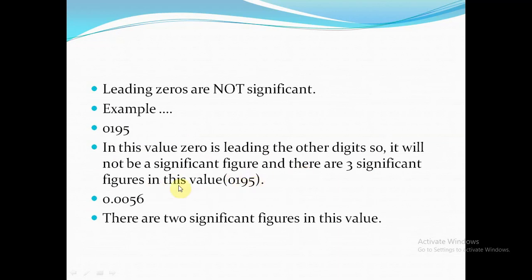There is another example of this. We have a value 0.0056. There are 2 significant figures in this value, so the 3 zeros at the front, which are leading this value, are not considered as significant figures.